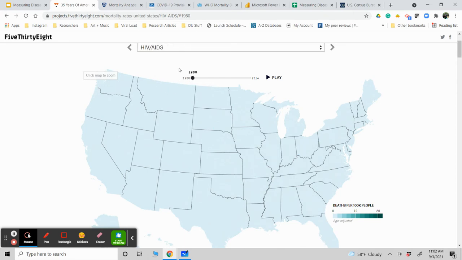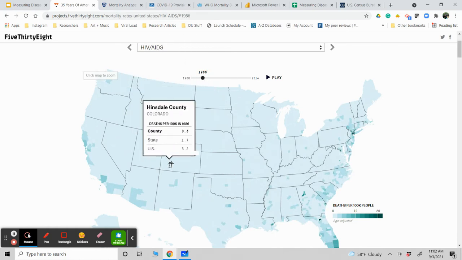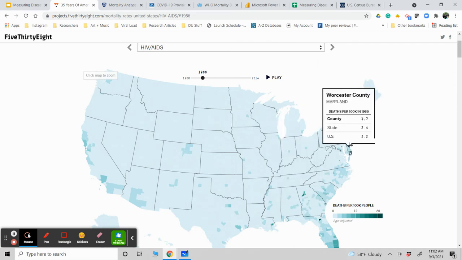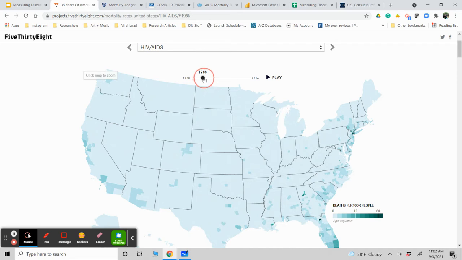Well, HIV is flying under the radar at this point. That's why you don't see anything on the map. So let's slowly start to zoom forward in time. You can see where the first deaths start to creep up. You can see in the West Coast, down in Florida, up in the East Coast. But it's still fairly low across the entire country.